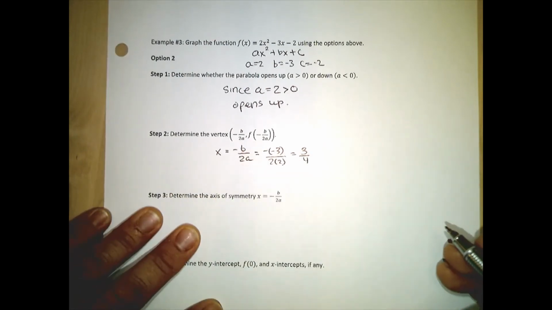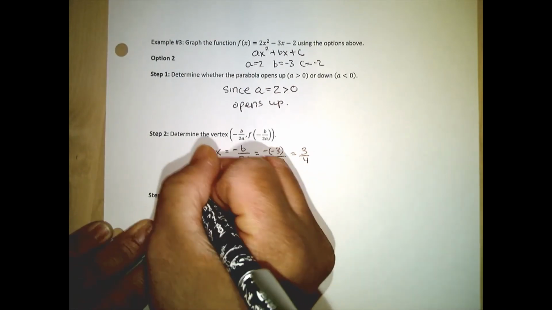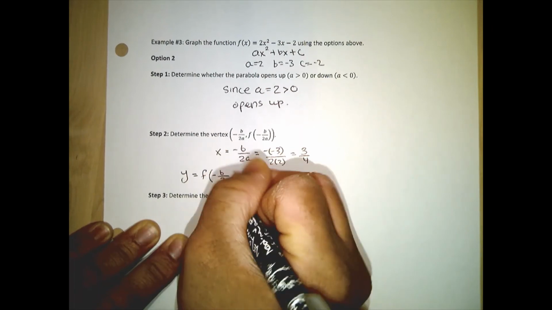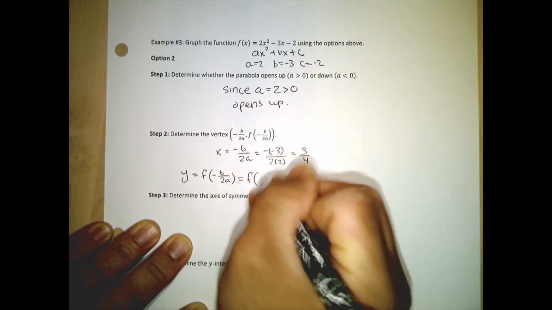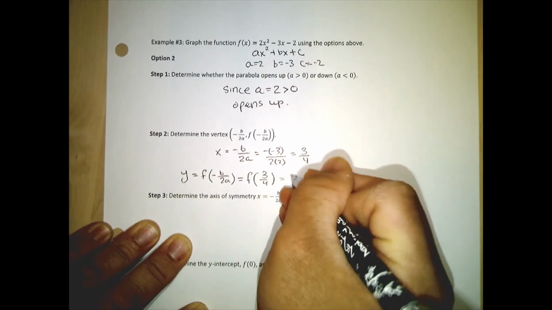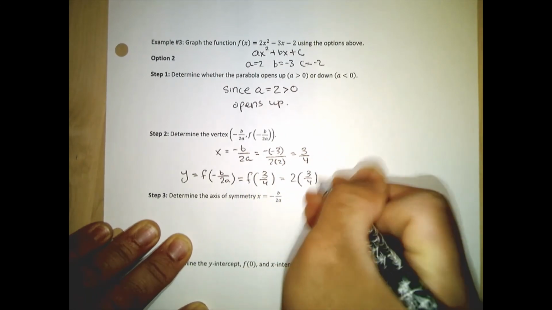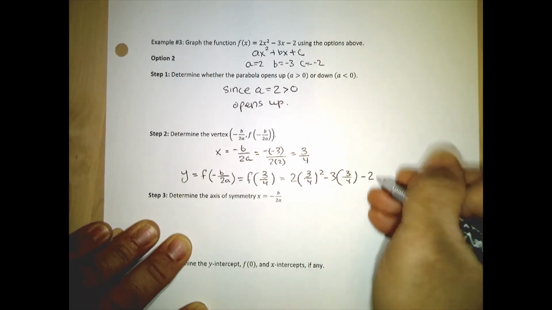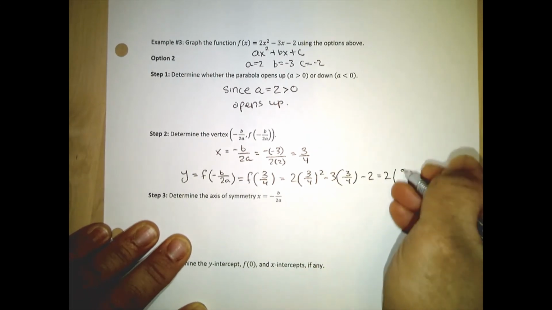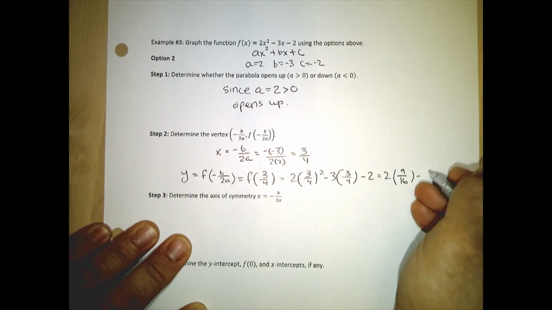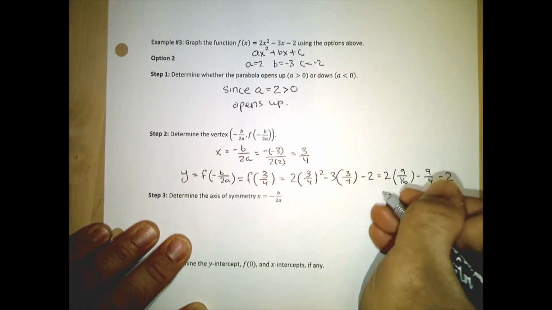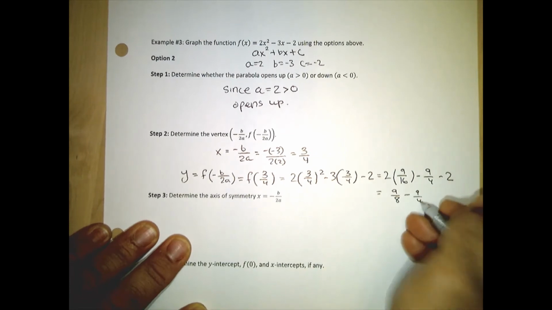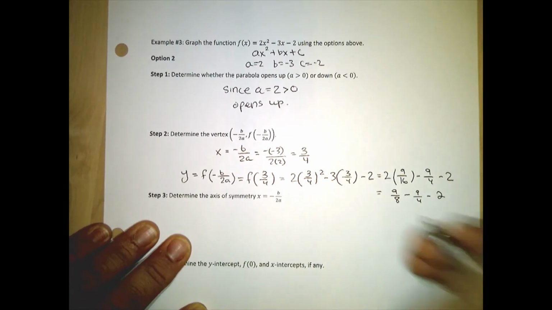And then the y value will be f of negative b over 2a, or f of 3/4. So it's 2 times 3/4 squared minus 3 times 3/4 minus 2. So it's 2 times 9/16 minus 9/4 minus 2. So that's 9/8 minus 9/4 minus 2.